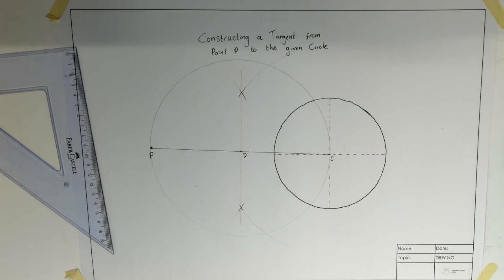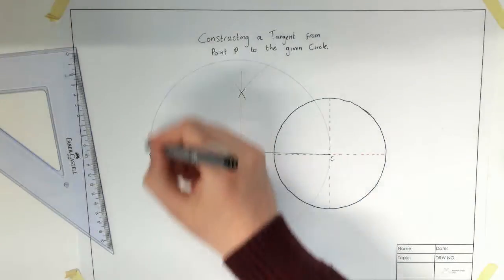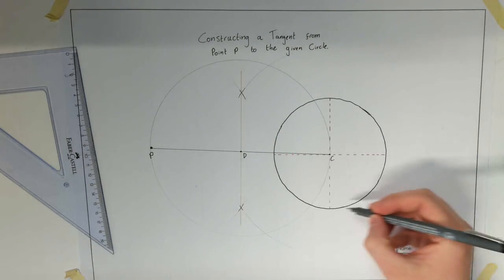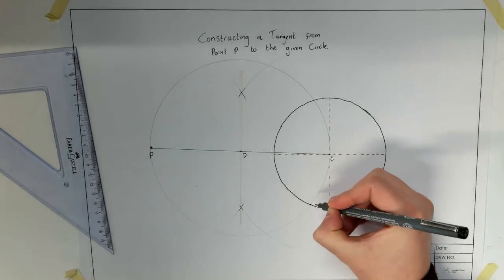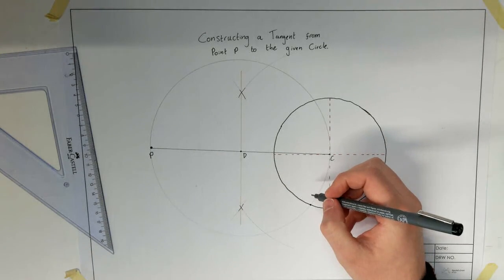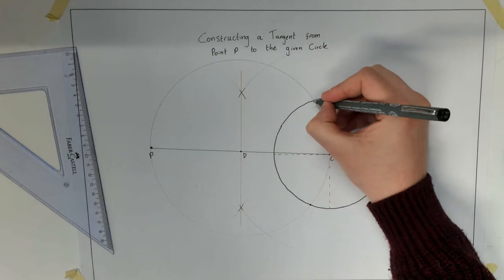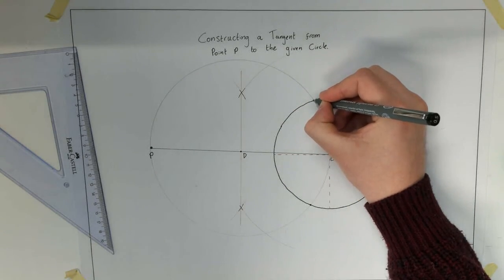So the next thing we do is we find the points of intersection from our construction circle going around and our given circle. The point is here, and the point is also here.